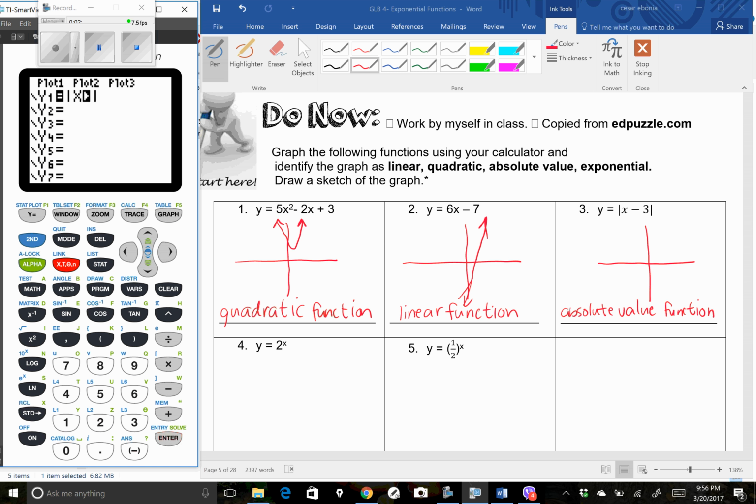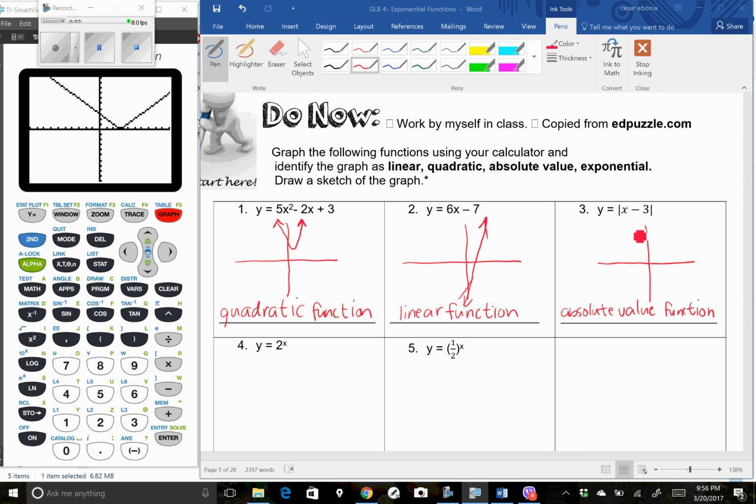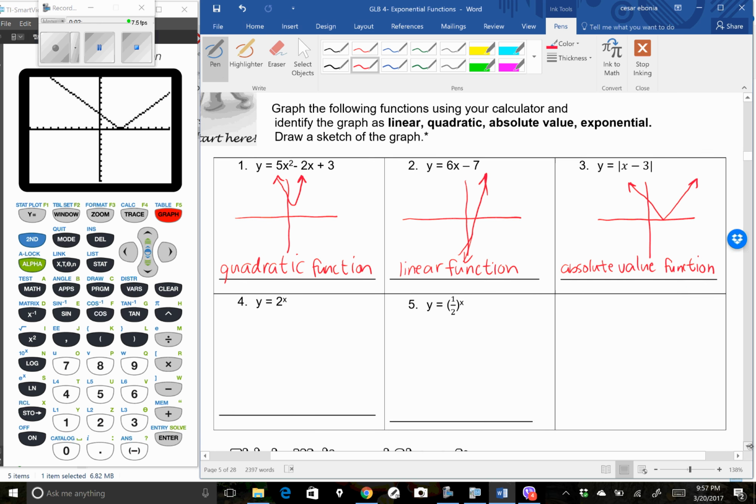So we have now x minus 3, then go out from the absolute value, then you just press graph. And you have a V shape here. So again, we'll just sketch. So we have a V shape. So that's the graph of the third equation.